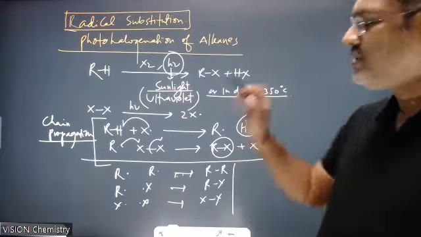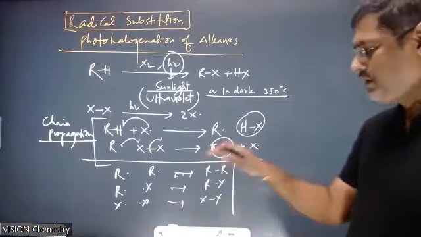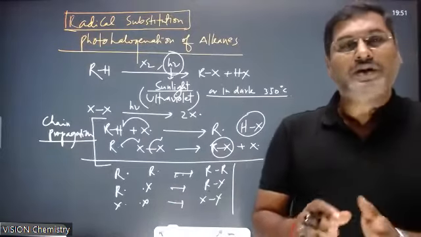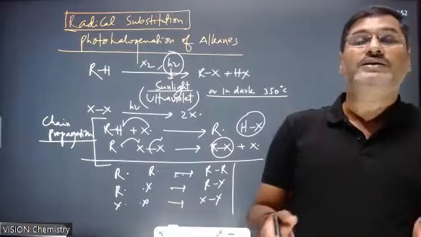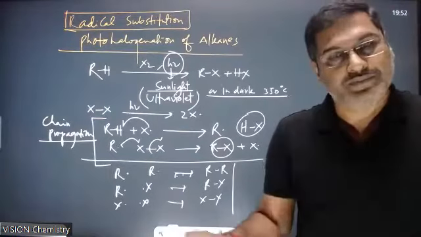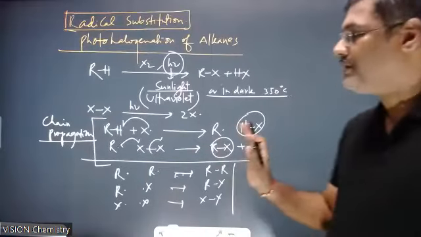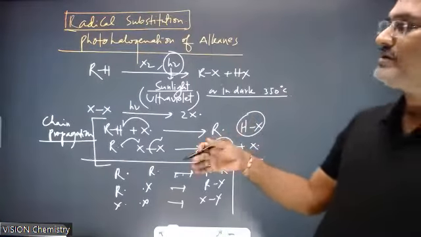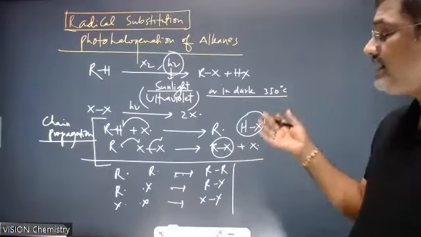But if any of these reactions takes place, the progress of the reaction is restricted, or the reaction gets terminated. The progress of the reaction is suppressed, and no more RX and HX will form.